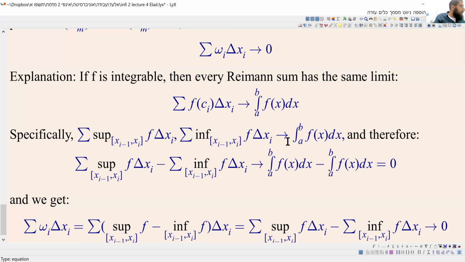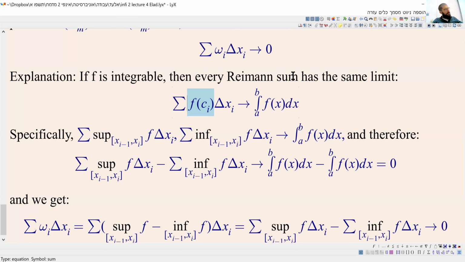Why is it only an explanation and not an actual proof of this direction? As I mentioned before, the sup and the inf are not always actual values of the function. There isn't always a point Ci in which f of Ci is the supremum or infimum of f.